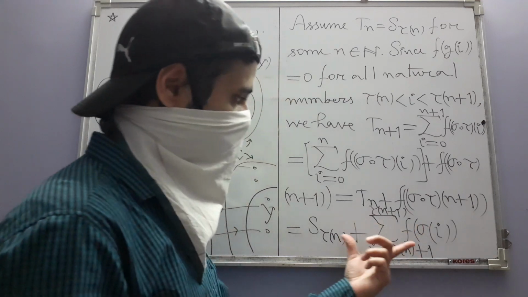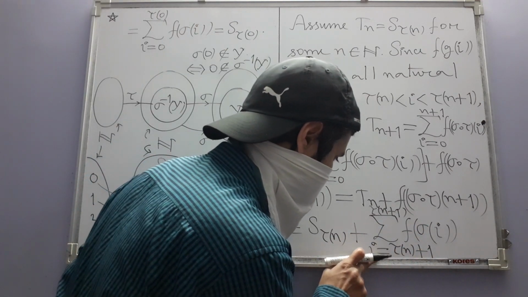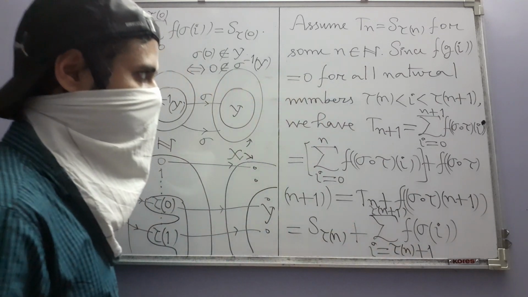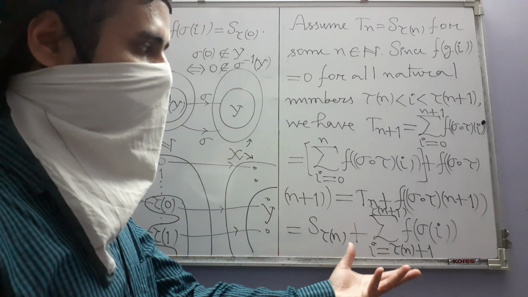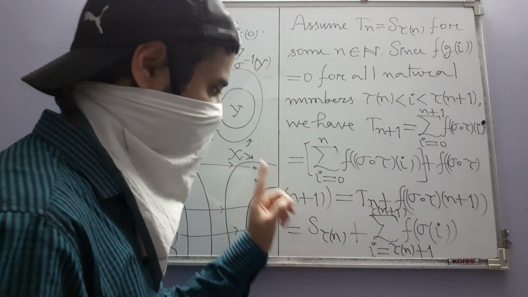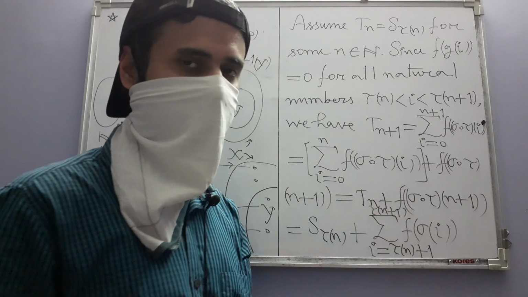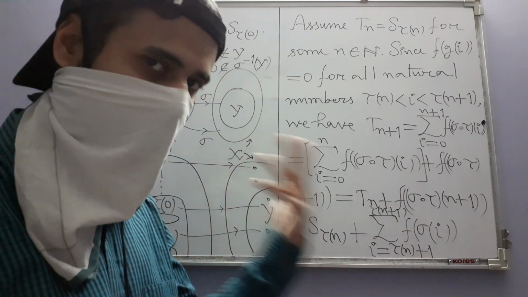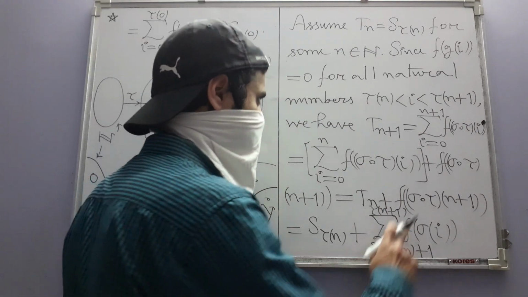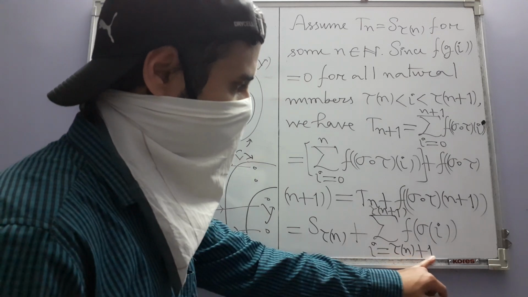But what about this? You see, when you take the value I equal to tau n plus 1, if such I exists, if it does not exist, then fine. After this tau n, you will directly get tau n plus 1, because tau n plus 1 in that case is equal to tau n plus 1. But if you have such I's in between, then you get tau n plus 1.